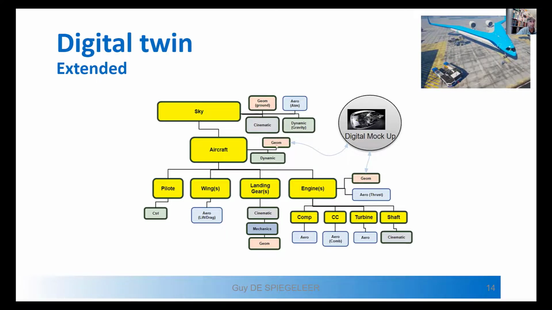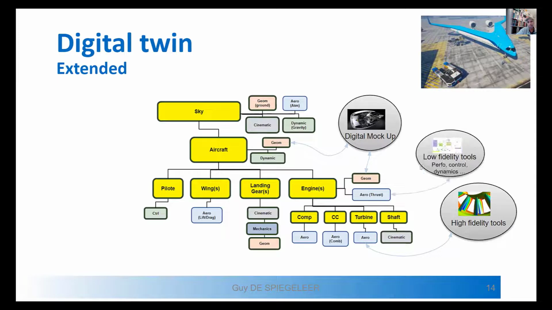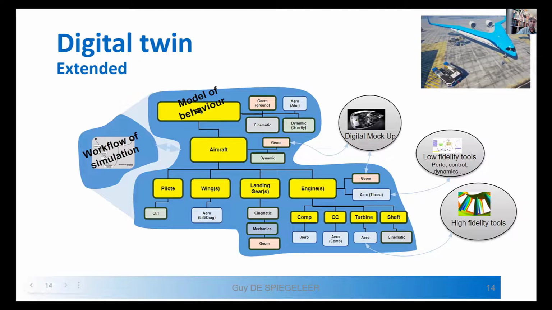So we'll connect it to the different geometrical physics. You can connect the high fidelity tool. For instance, if you compute aerodynamics of the turbine, you connect it here. You connect it also to the geometry. You can connect your low fidelity tools, probably at an intermediate level in your system. And I will not highlight this, but okay, this is what we call the model of behavior on the workflow simulation.